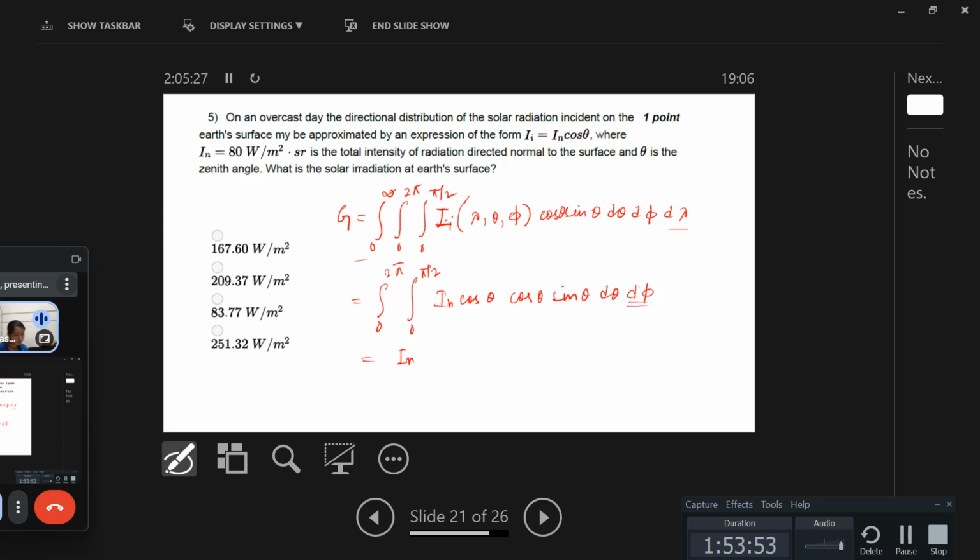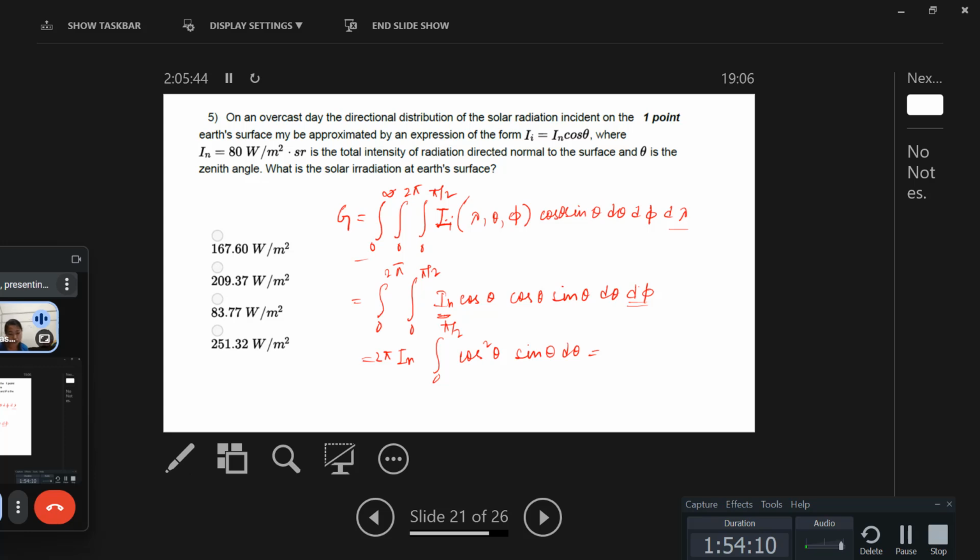Now this d phi, if we integrate from 0 to 2 pi, we get 2 pi, and this comes out. So 0 to pi by 2 cos square theta sin theta d theta.